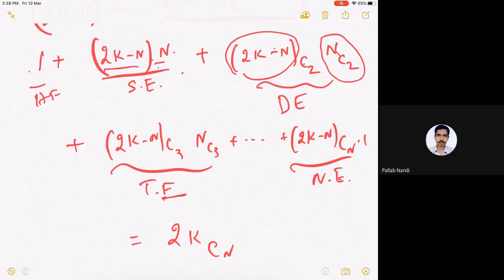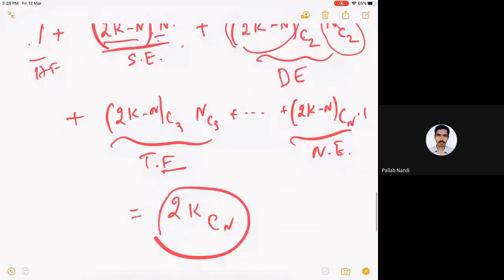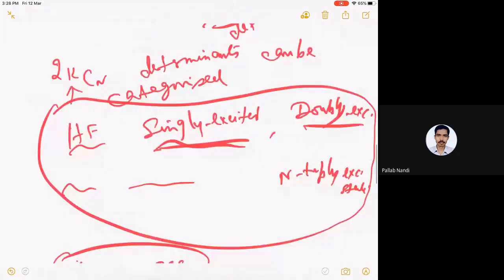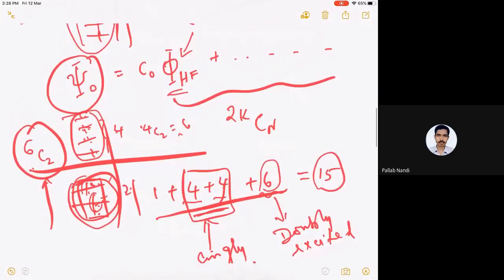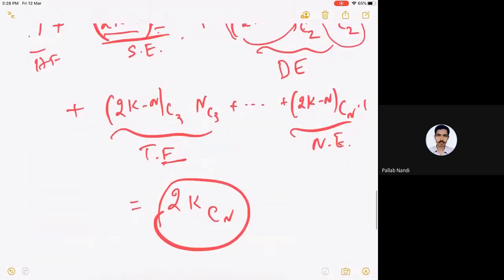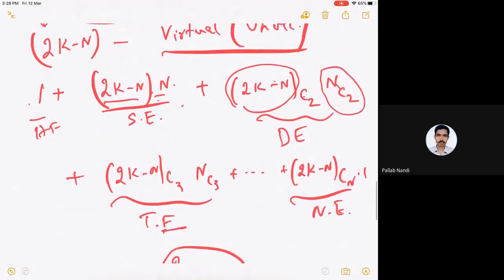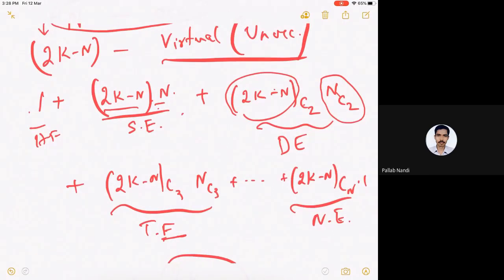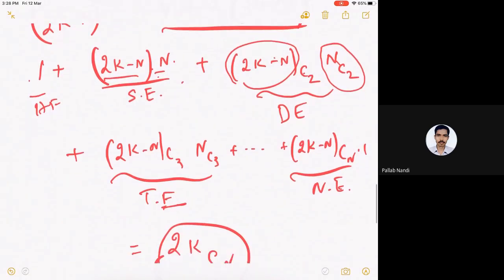So this is just a combination problem. If you sum all these, I can show that this is actually 2k Cn. Just like here I showed, 2k was 6, 6C2, 15. Is it clear? Please ask a question if it is not clear.